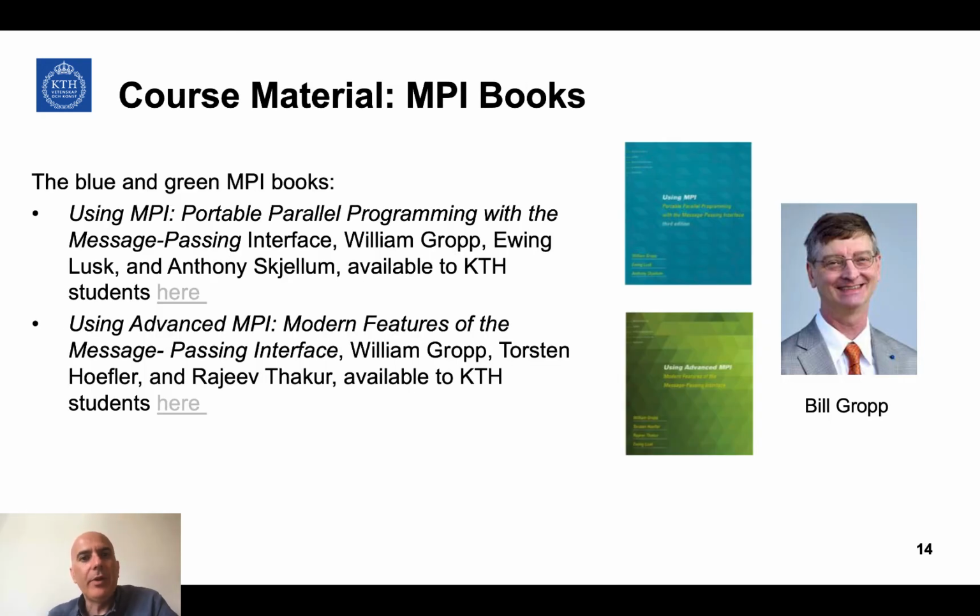When it comes to MPI, there are two main books: the blue book and the green book. The blue book is basically an introduction to MPI, with all the basic concepts. The green one is Using Advanced MPI, so all the advanced concepts and all the new stuff that is in MPI.